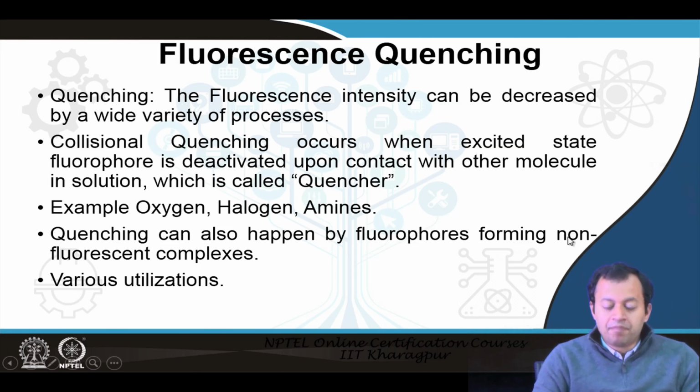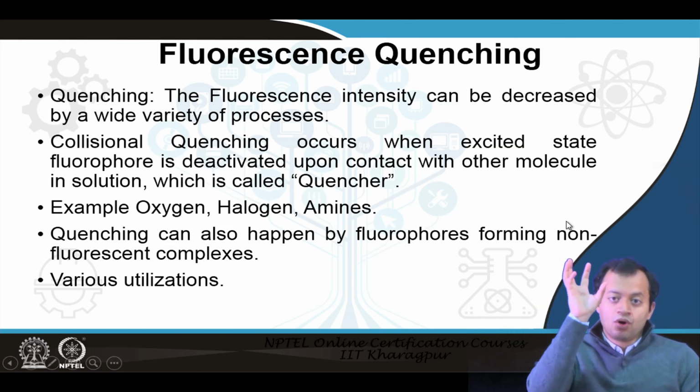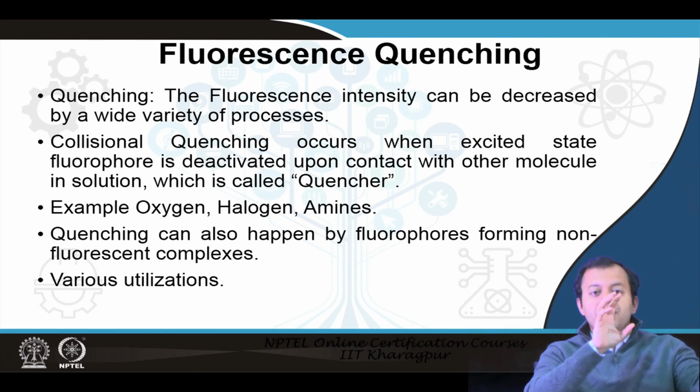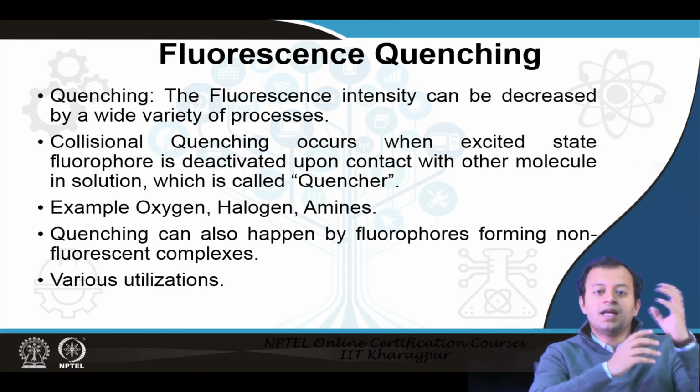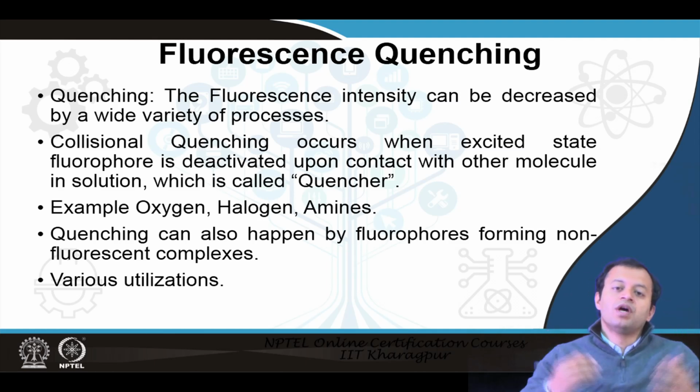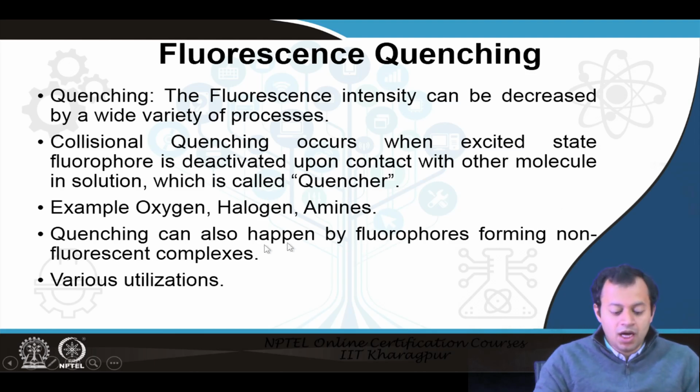It can also happen that the fluorophore makes a compound with this other material, and thereby the entire molecular orbital structure and energy levels change, because it is no longer a fluorophore. It has formed a non-fluorescent complex.